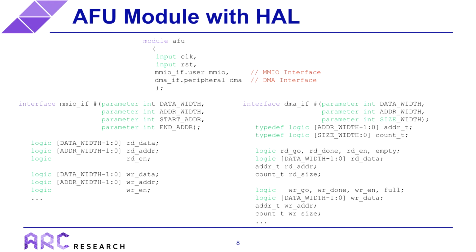Now at the bottom of the slide, we see at least part of the definition of those interfaces. So for the memory mapped I/O interface, we see that it has a read data signal and a read address and a read enable and a write data and a write address and a write enable and so on. But by using SystemVerilog's interface construct, we can collapse all that functionality into just a single interface that we can use with just a single line of code on the AFU's interface.